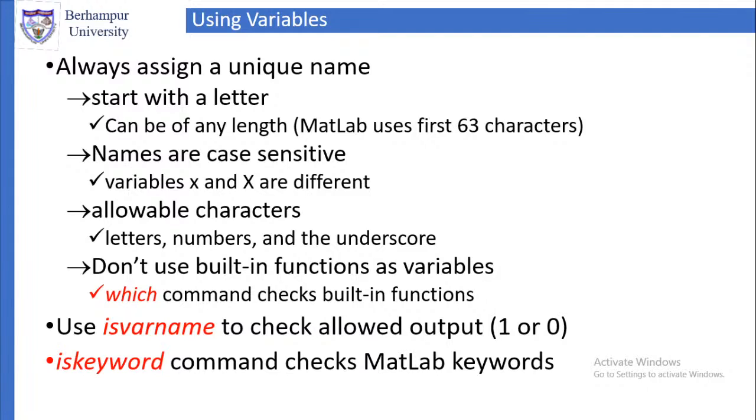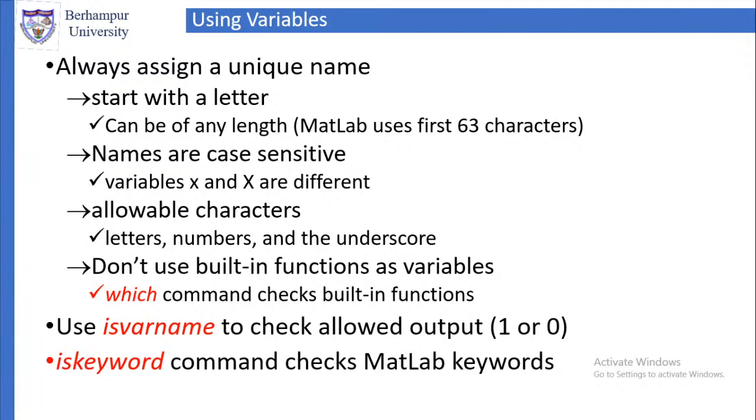Now how to give a name to the variable? Always assign a unique name to the variable. When you are writing a program or a command, always assign a unique name to the variable. It should always start with a letter. Then it can have any number. It is case sensitive.